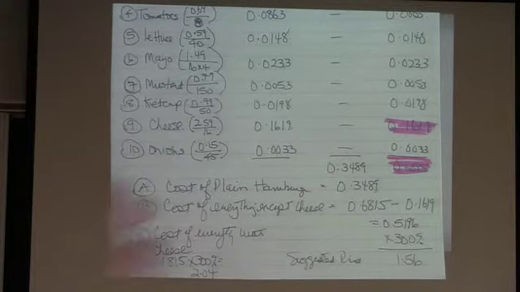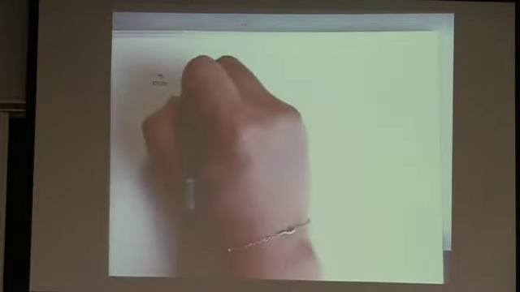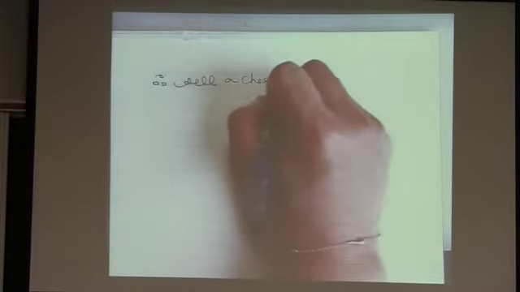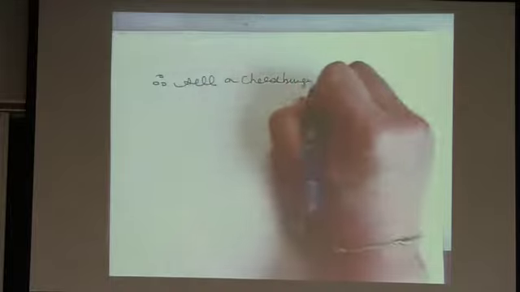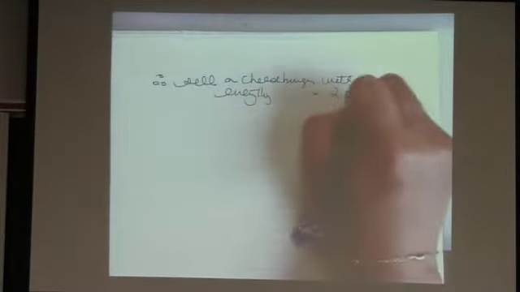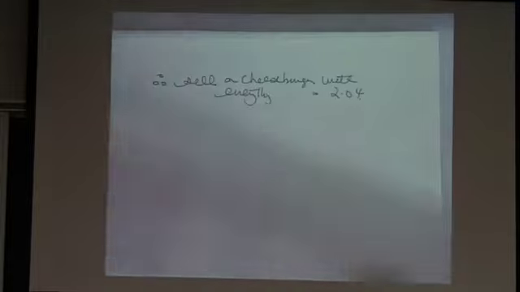Now, if you think about this, you guys, if we're going to try to sell a cheeseburger with everything, it'll cost us $2.04, which is what we just calculated here, right?